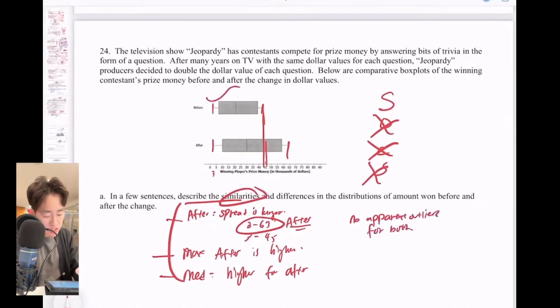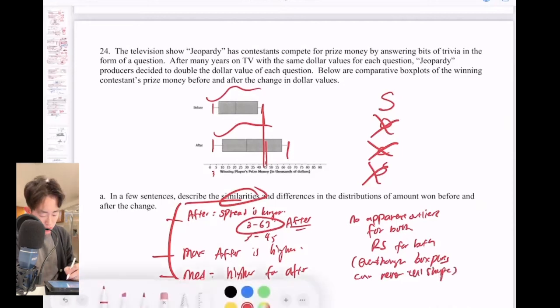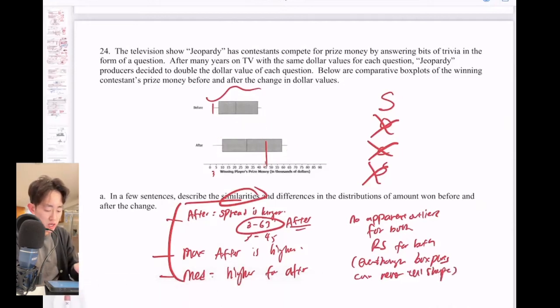And what you can say is they're both roughly symmetrical, even though box plots can never tell shape. Like I said, you can make a conjecture as to how this is going to look by looking at the minimum, median, and the maximum.